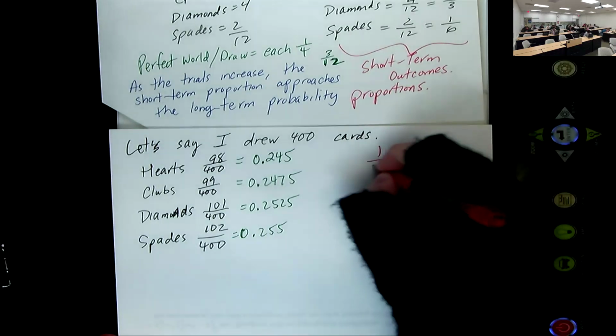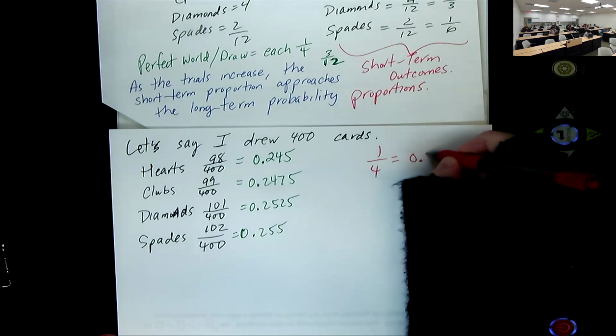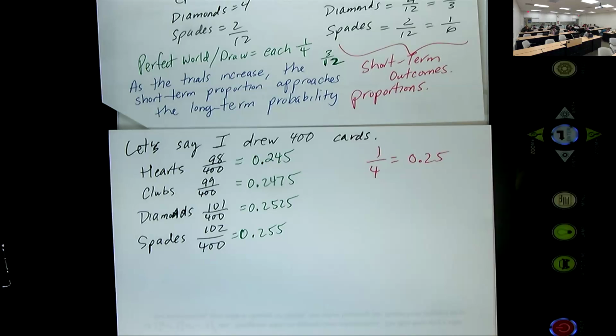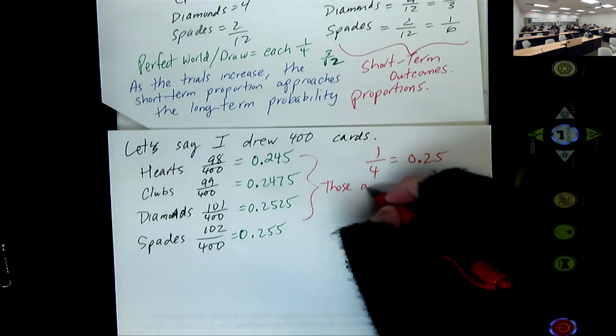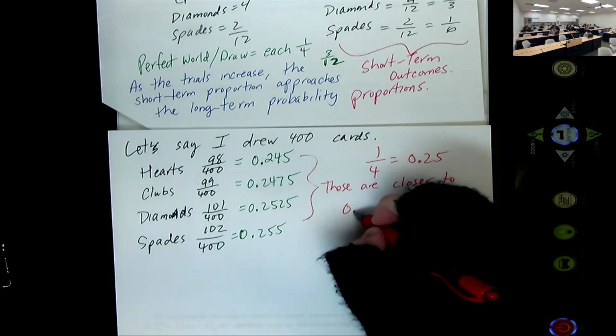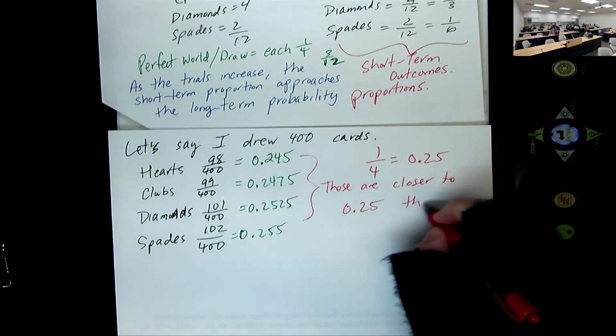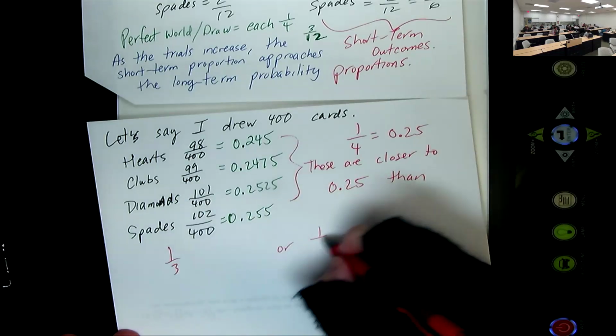If I convert the proportion 1/4 to a decimal, it's 0.25. These are closer to 0.25 than 1/3 or 1/6 is.